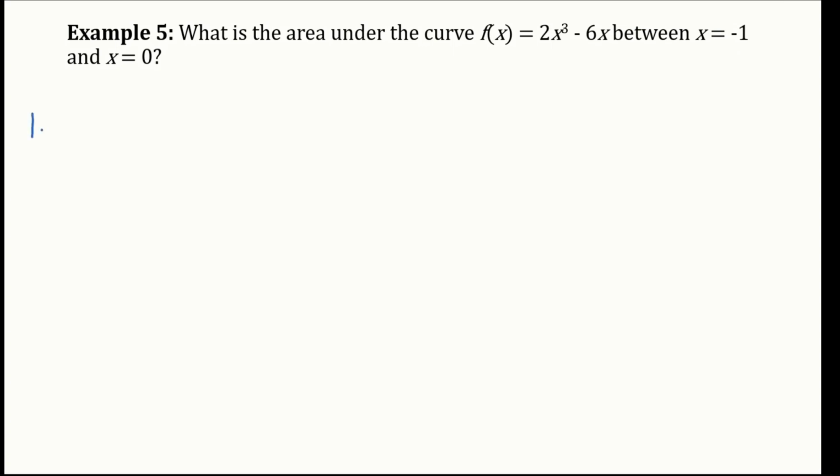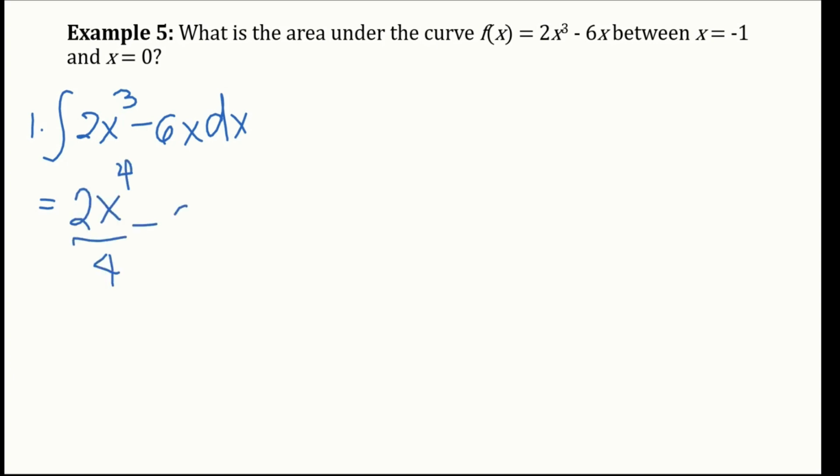Step 1 is to integrate the given function, the integral of 2x cubed minus 6x dx, that is equivalent to 2x to the fourth over 4 minus 6x squared divided by 2. Then we have x to the fourth over 2 minus 3x squared.